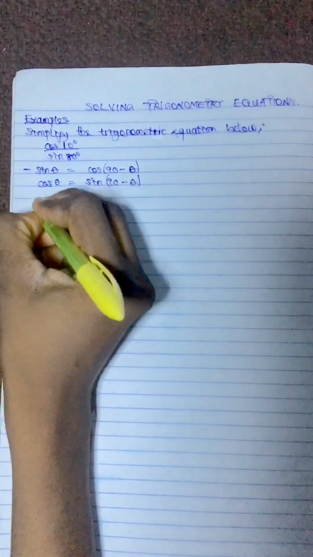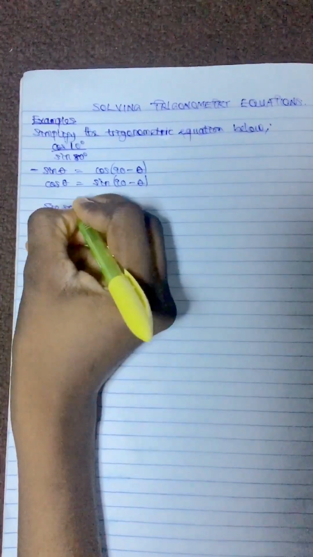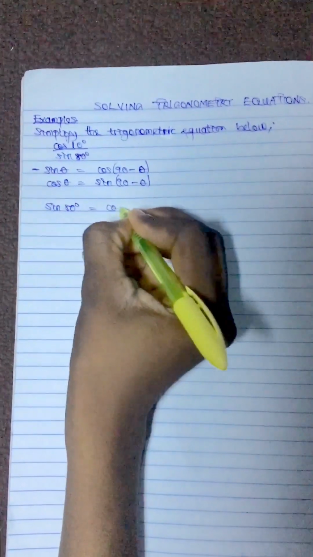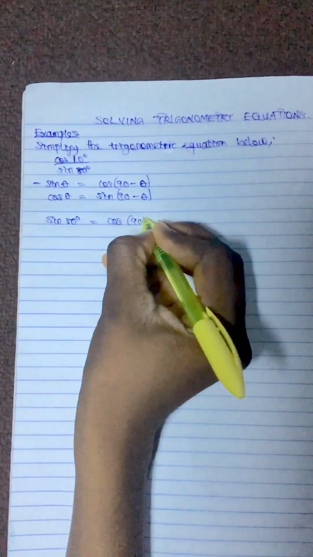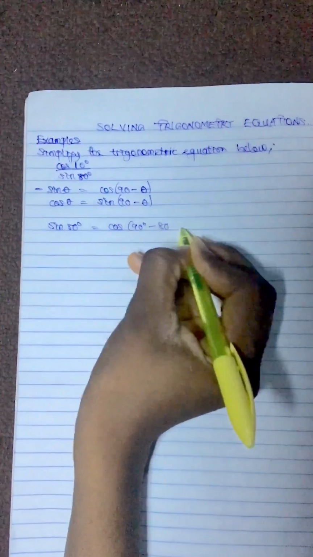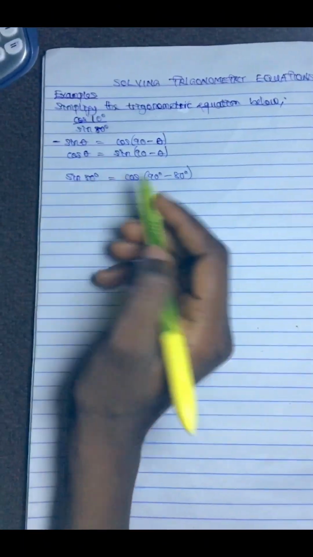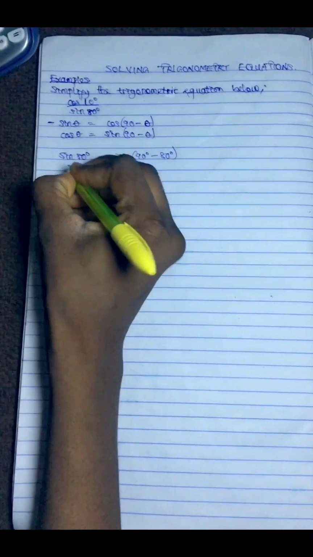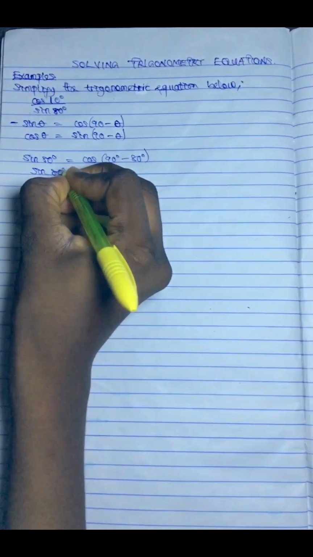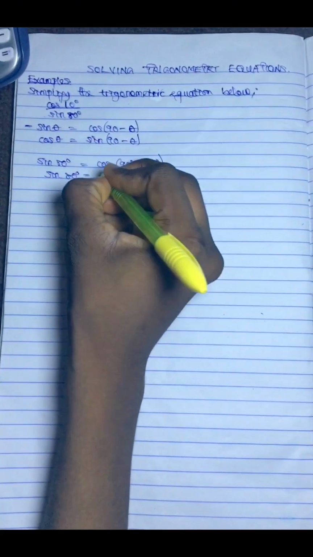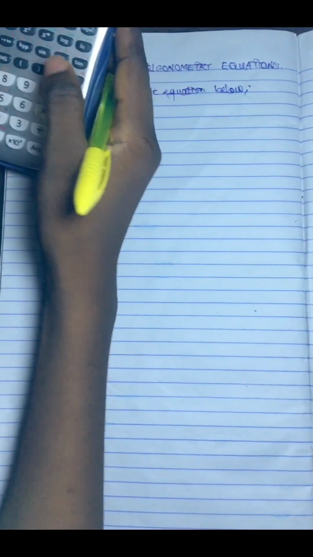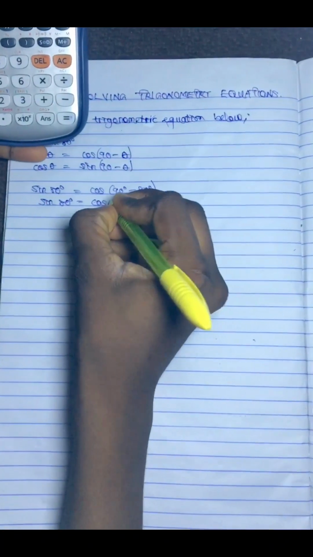So we have sine 80 degrees equals cos of 90 degrees minus 80 degrees. This means that our theta is 80 degrees, so sine 80 degrees equals cos of 90 minus 80, that gives us 10, so cos 10 degrees.